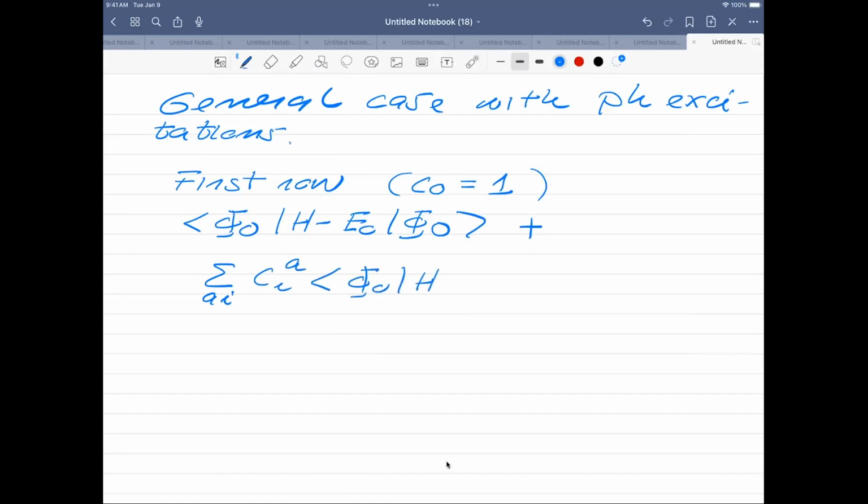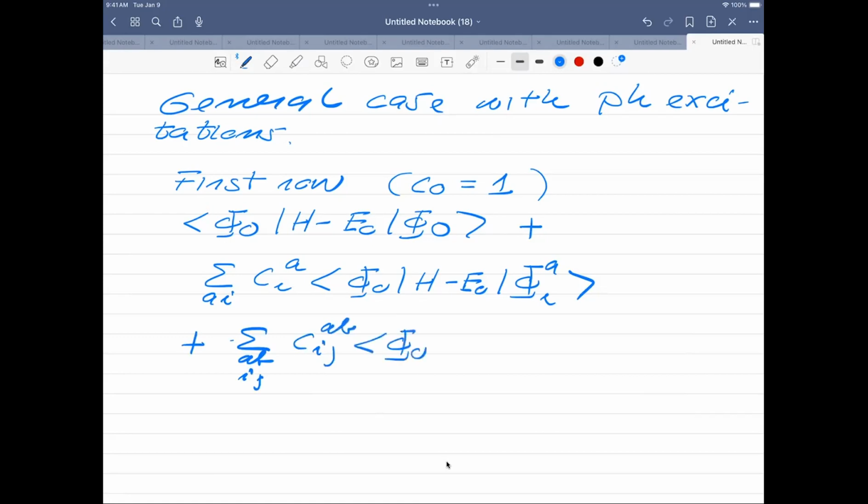But then the E0 term drops out because the one-particle, one-hole state is orthogonal to the zero-particle, zero-hole state. So I'm going to get the minus E0 term, which will drop out, and I have a phi of ia like that. Then we get a new contribution, with a, b, i, j, and this unknown coefficient, which we get when we diagonalize.